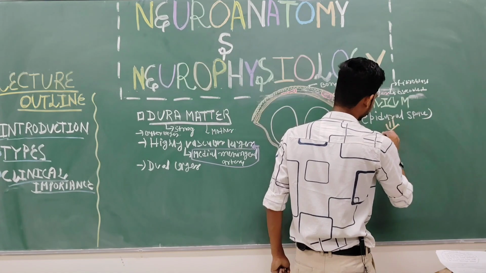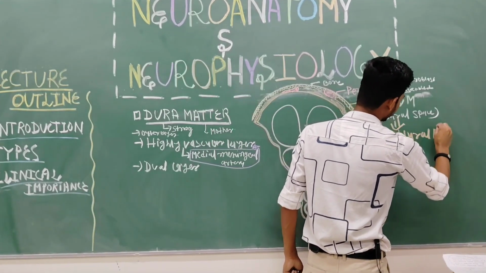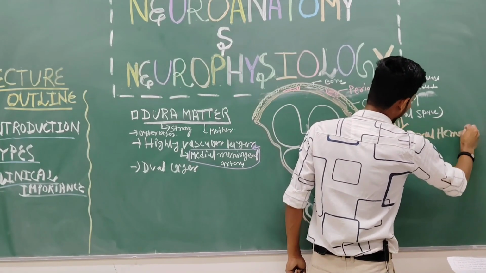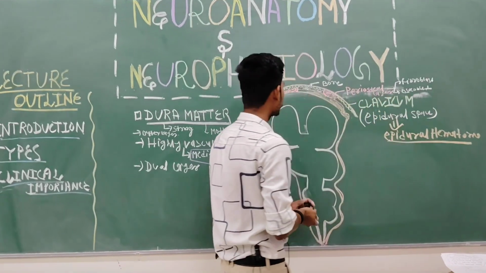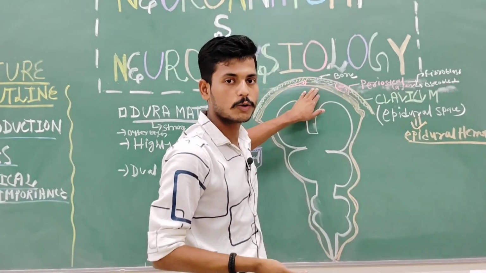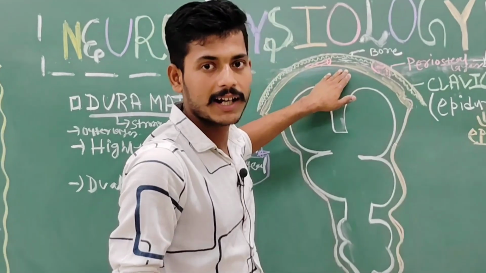Write it down. Epidural hematoma, just because of the breakage of this artery by the traumatic brain injury. Traumatic brain injury implies many kinds of injuries.